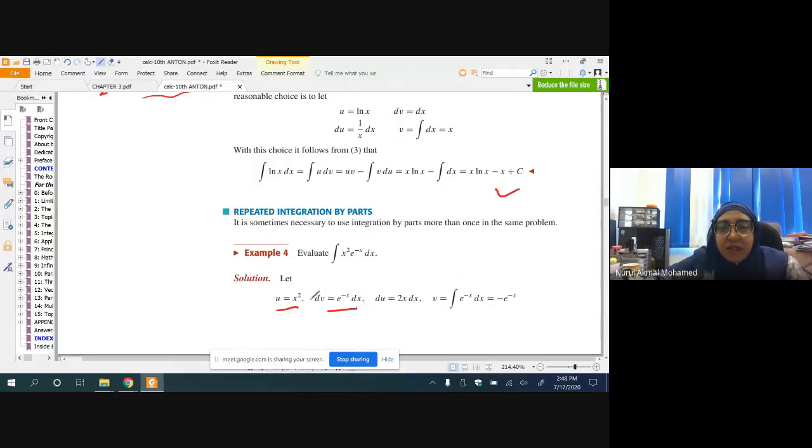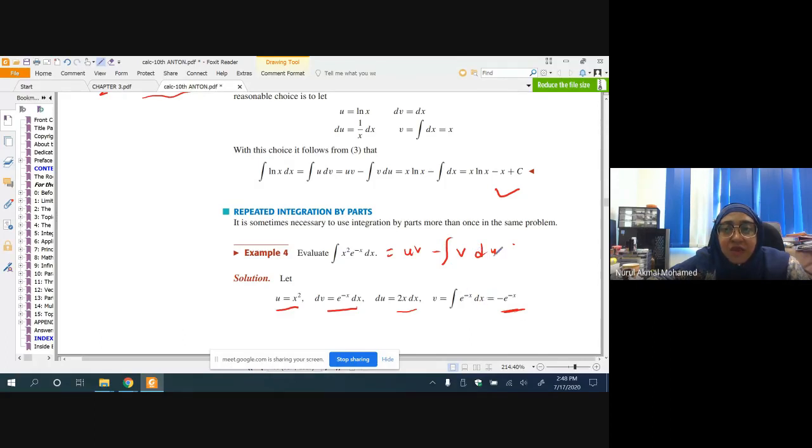You differentiate u and get du equal to 2x dx, and in order to get v, we integrate dv, and then we get this one. Then you substitute into integration by parts, uv minus integration of v du. So for uv, you multiply this with this one, minus integration of v du.